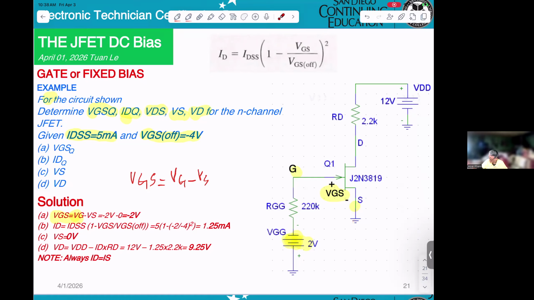Okay, so VGS equal VG minus VS, VG equal minus 2 volt. Okay, here, minus 2 volt, minus 0. So that's why you get minus 2 volt.